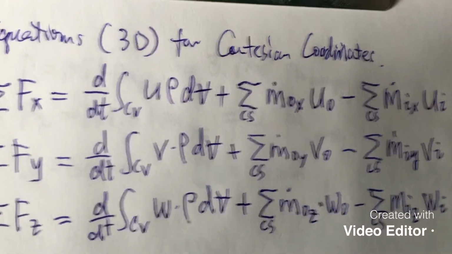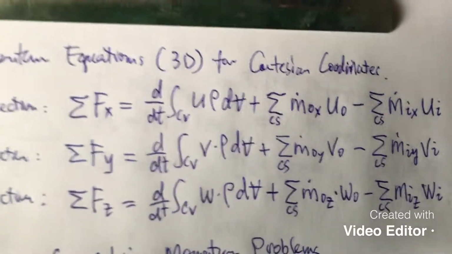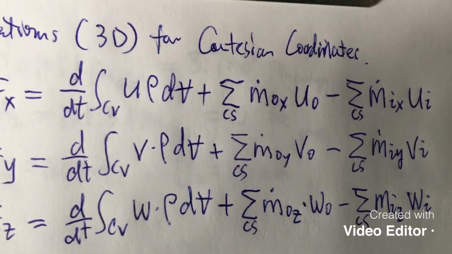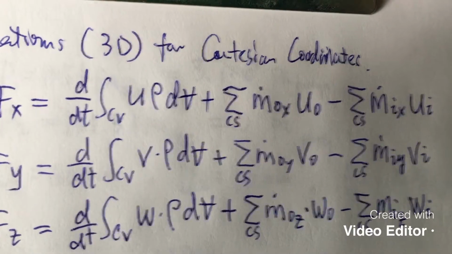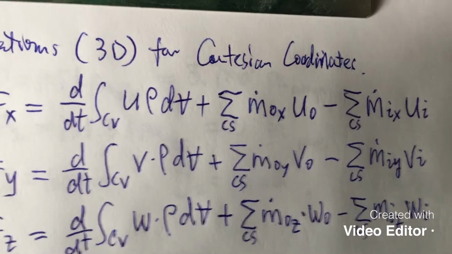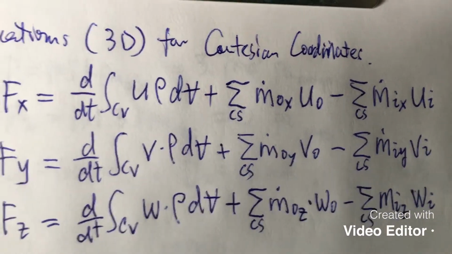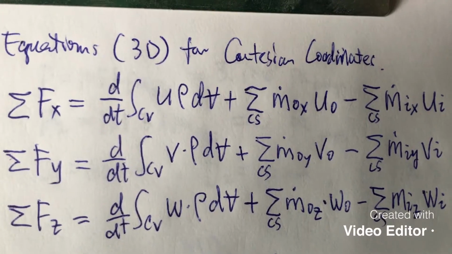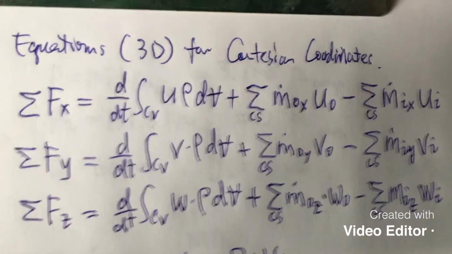This is the uniform equation, with uniform velocity. But if it's non-uniform velocity, you have to keep the integration to integrate the momentum through the control surfaces. We'll show you some examples for unsteady state problems too, so you will see.